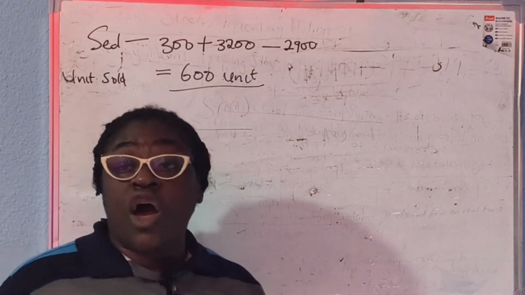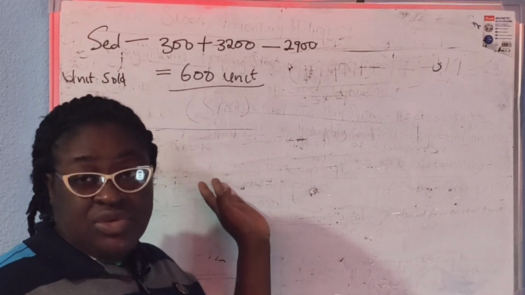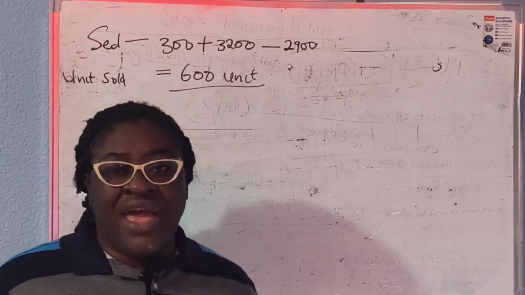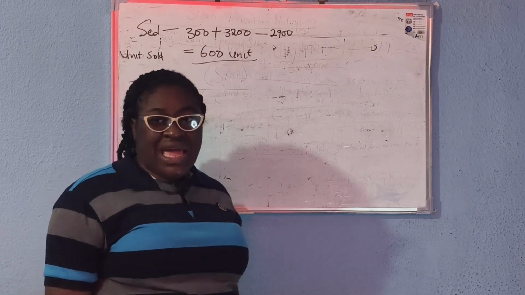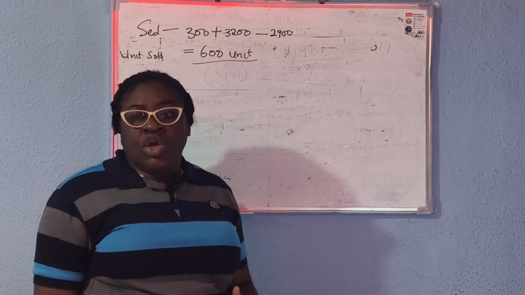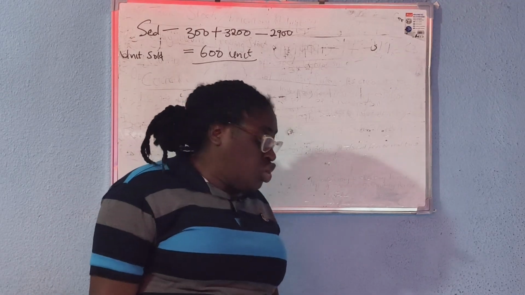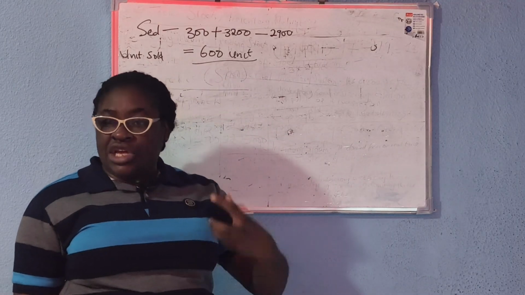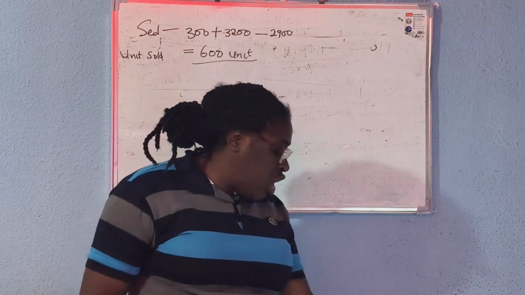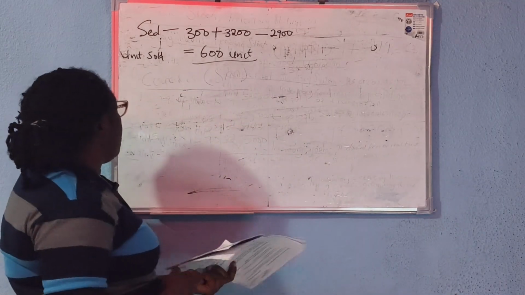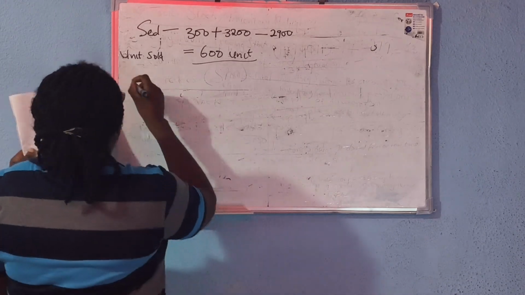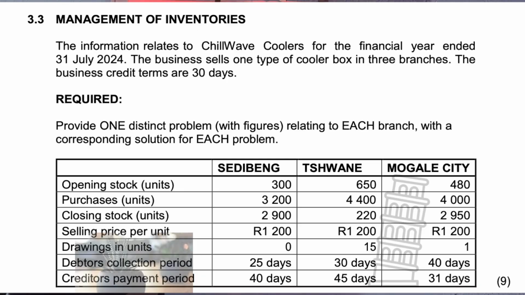So how do you solve the problem of low sales? Advertising. You advise the business to do more advertising, give discounts. You can even advise them to reduce their markup, and also they should do promotions. Everything that can increase sales should be the solution that you suggest here. Then the second one is for Soweto. You find out that the drawings of units is a lot.